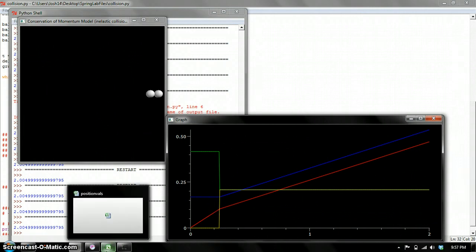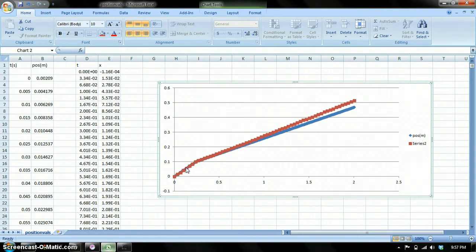If we compare my model with my experimental data, you can see that the blue, which is my model, compared to the red, which was the experimental data, roughly follow the same pathway. There may have been some change in the z-axis that you can't see in the video, which would explain why the red is moving faster than the blue.